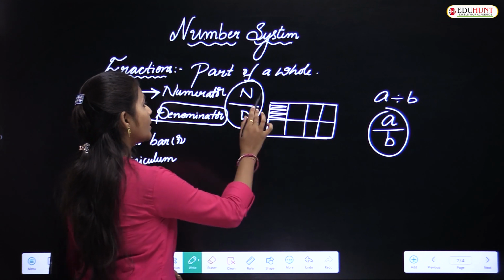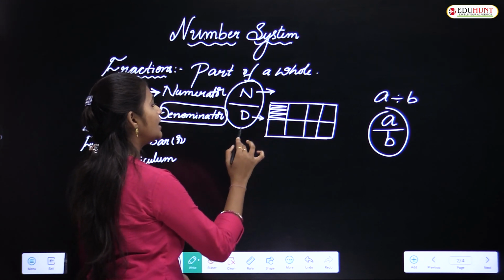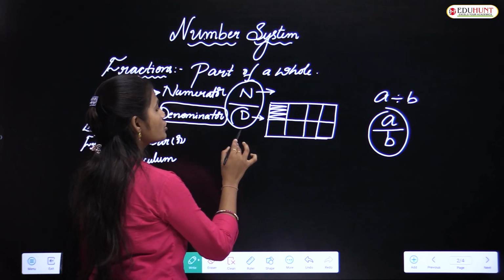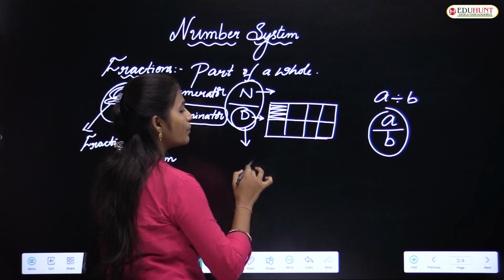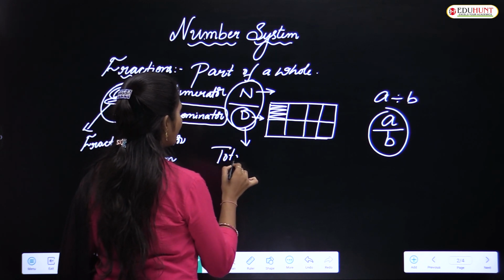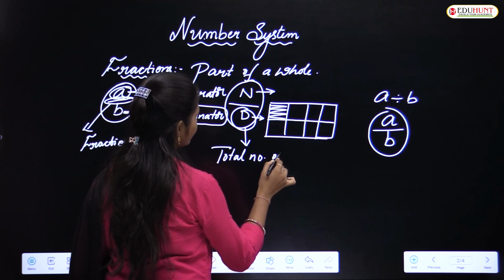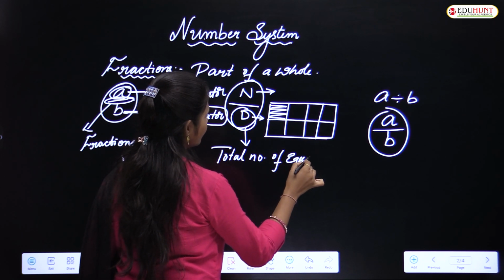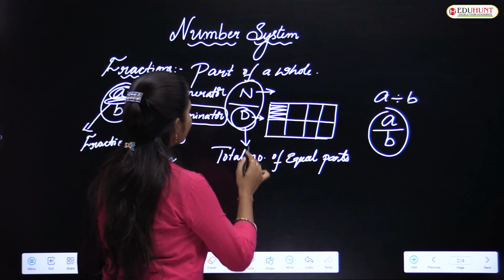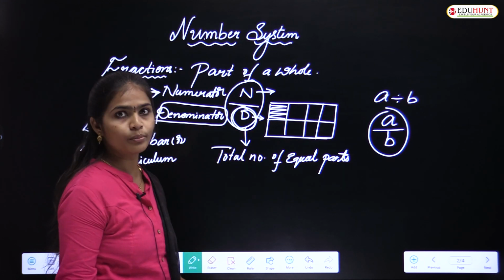So what about the numerator and what about the denominator? In a fraction, the denominator shows the total number of equal parts. How many equal parts did we divide the whole into? That we write in the denominator. And the numerator is the number of equal parts taken.